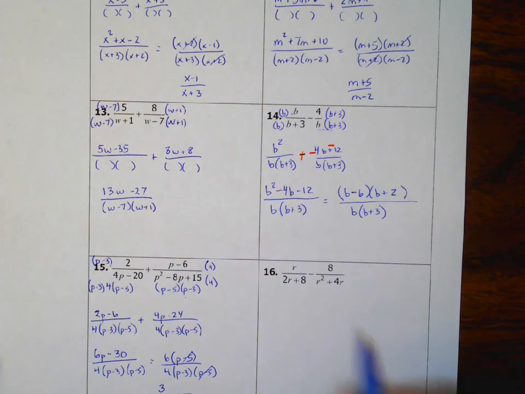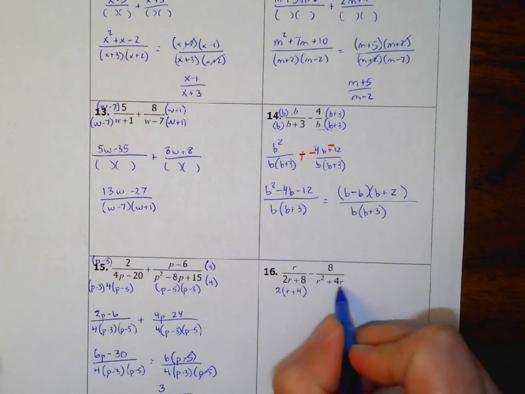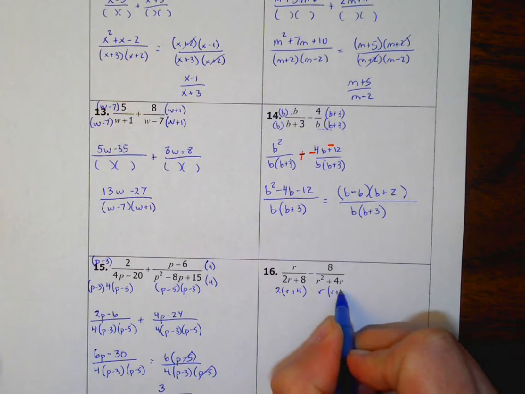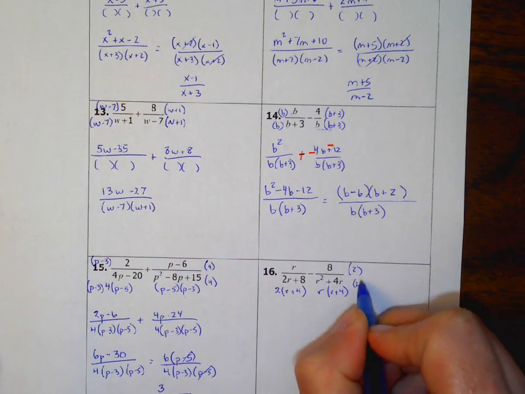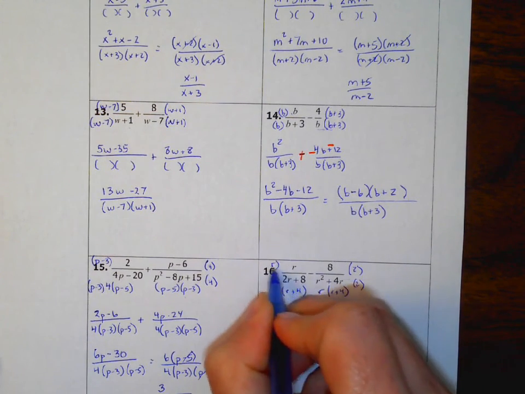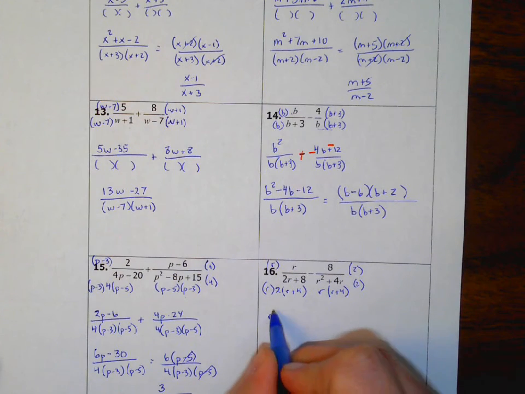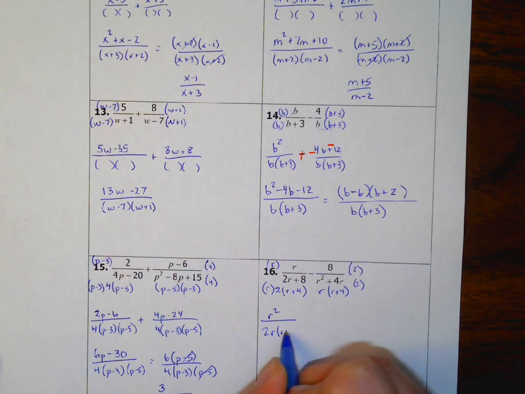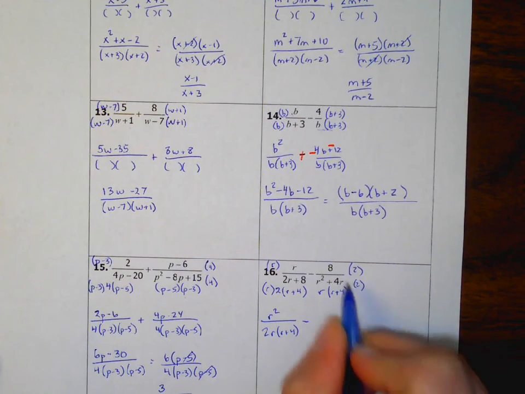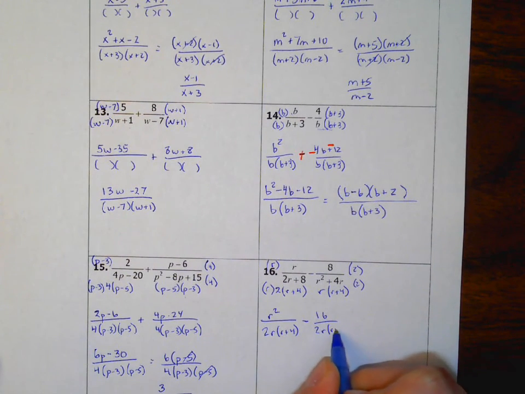Okay, last one, 2 and r plus 4. Take an r plus 4. Okay, to get them to be alike, this side needs a 2, this side needs another r. So here I'm going to have r squared over 2 times r and r plus 4, and this will be 16 over 2 times r and r plus 4.